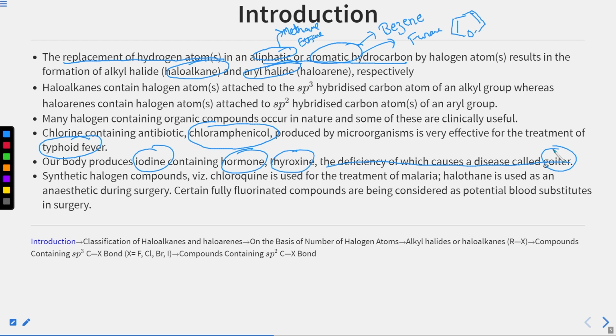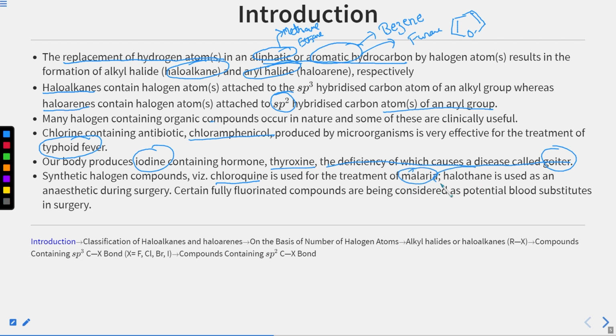Now, synthetic halogen compounds. Chloramphenicol and thyroxine are not synthetic, they are naturally occurring. If we talk about synthetically manufactured chlorine compounds, like chloroquine, it is used for the treatment of malaria.